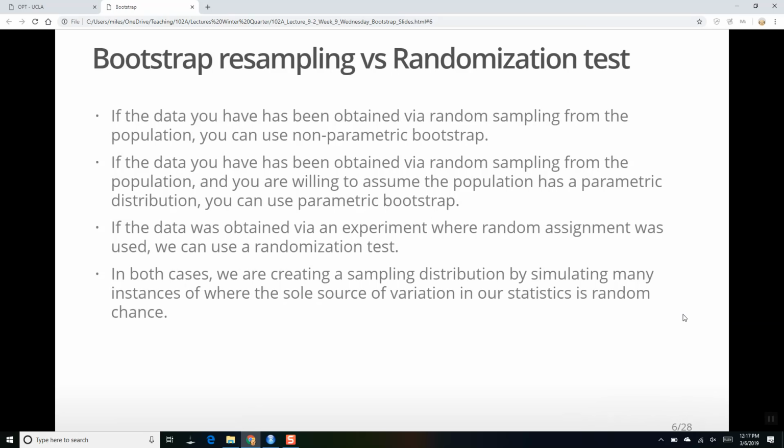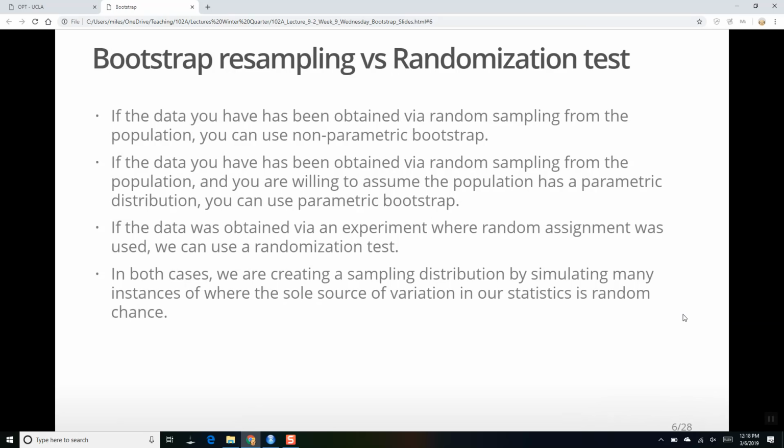If the data came via random sampling, and on top of that you're willing to make assumptions about the shape of the population, you can do parametric bootstrap. When you do parametric bootstrap, you have to assume certain parameters about your population. So you're going to say, I'm going to assume my population has this mean and this standard deviation, or this lambda term, or whatever it might be.